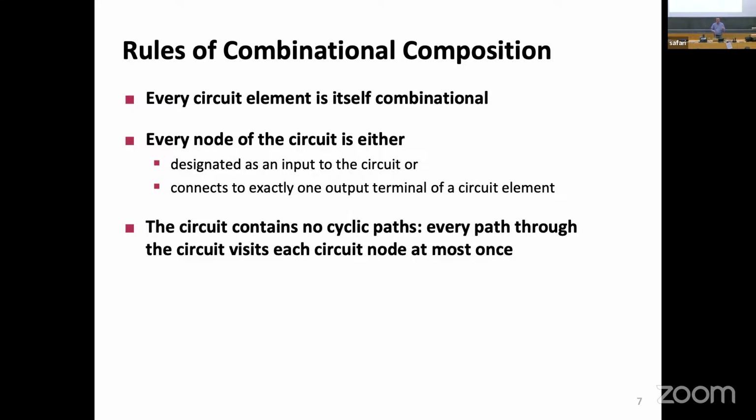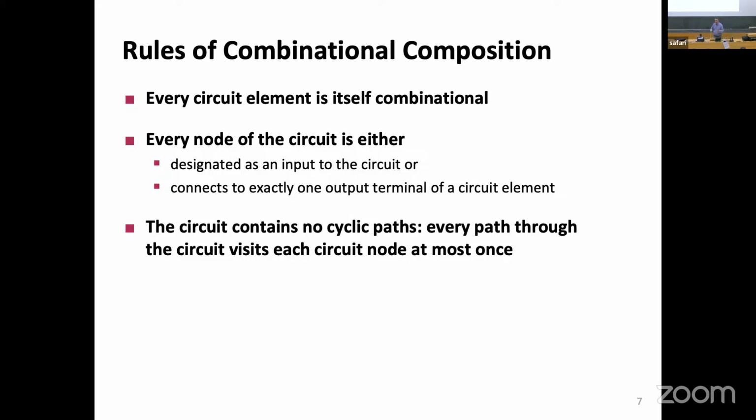Every node of the circuit, every wire connection we have, is either designated as an input to the circuit or connects exactly one output terminal of a circuit element. I need to explain that. The circuit, now the third one, contains no cyclic paths. Every path through the circuit visits each circuit node at most once.